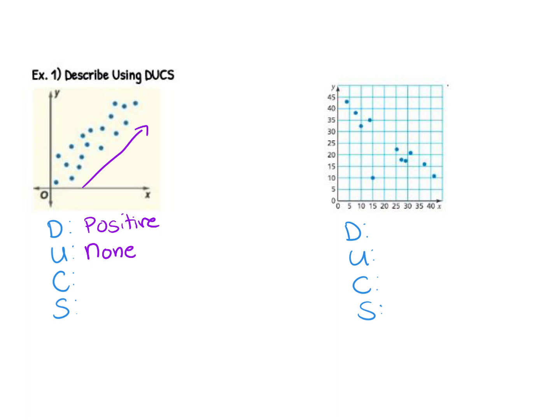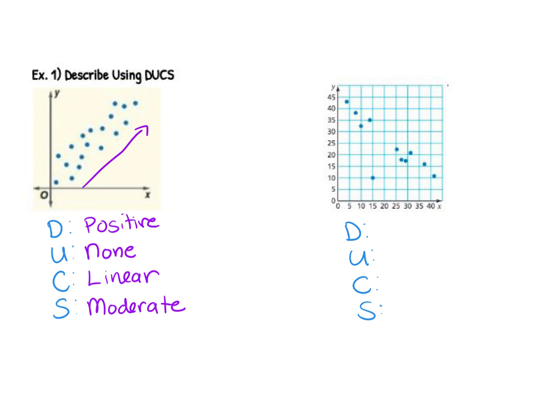The correlation, we can kind of see that straight line that it's creating, so it'd be linear. And then its strength, we could say strong or moderate. I'd go moderate here, they're a little bit more spread out. We're going to learn in our next lesson how we actually put a numerical value to it to decide strong or moderate or weak. So now we're just doing our best guess.